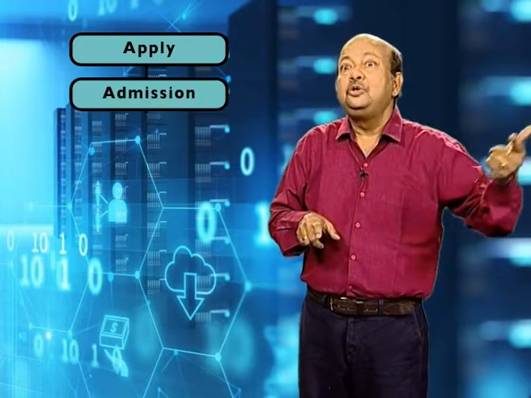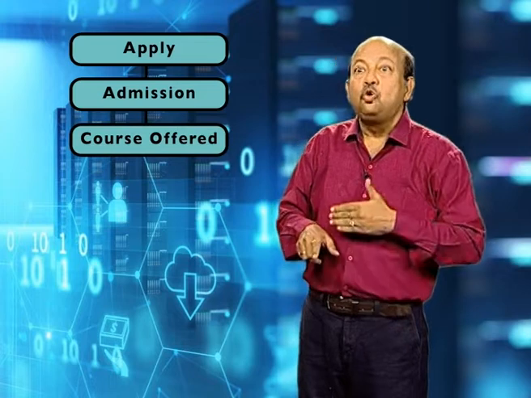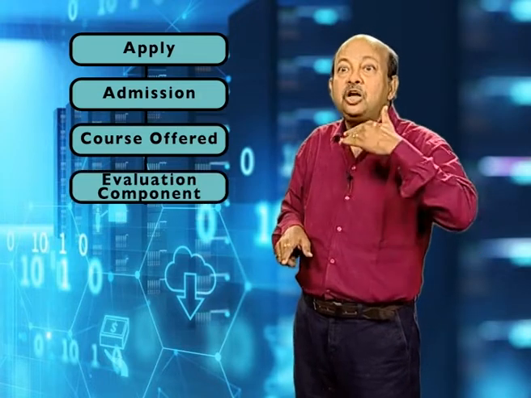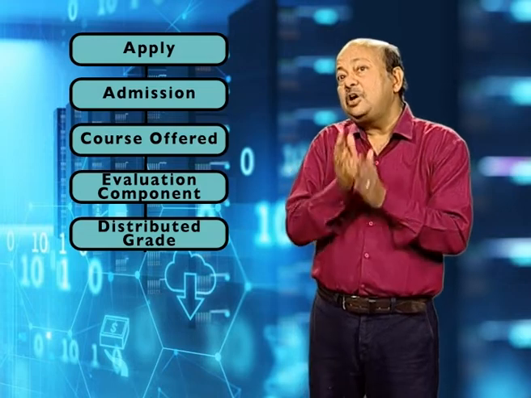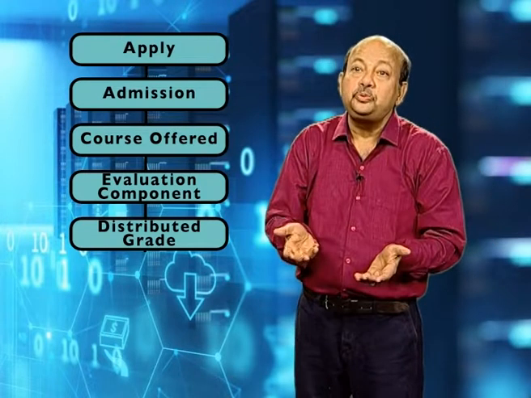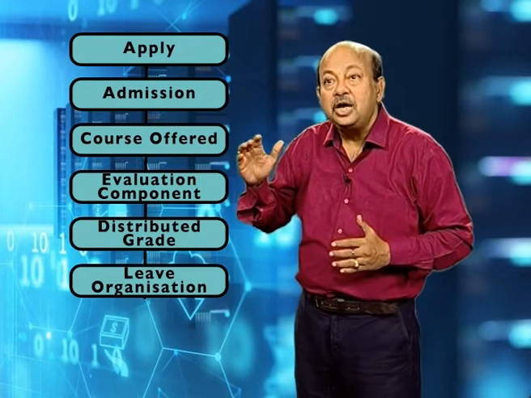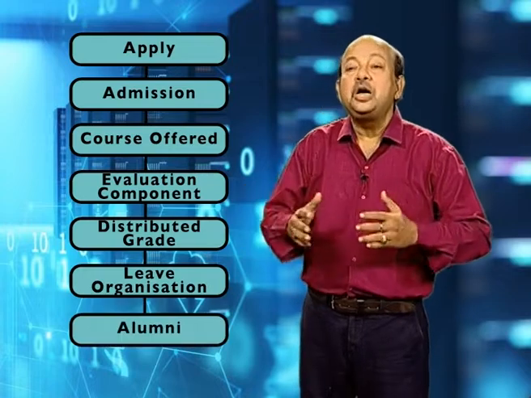First, students apply, and at that time data is collected, then the process is done. Once the student has applied, admission will be done, then courses will be offered, then the evaluation components will be decided, and once they are evaluated, grades and certificates will be distributed. Then they leave the institute and become alumni. These are the various process steps of any information system, for example a student information system.